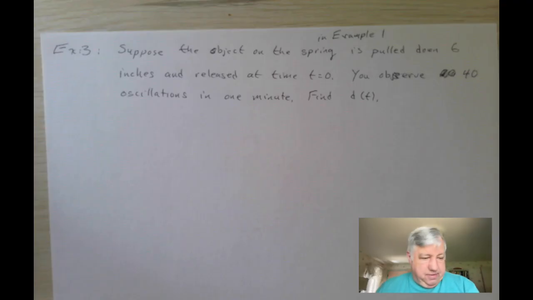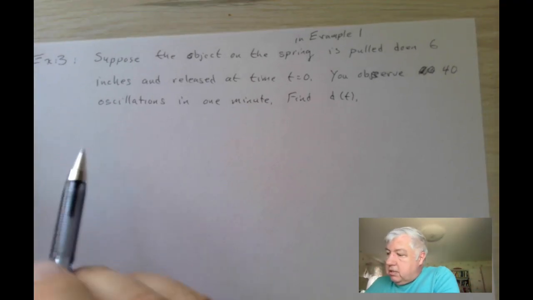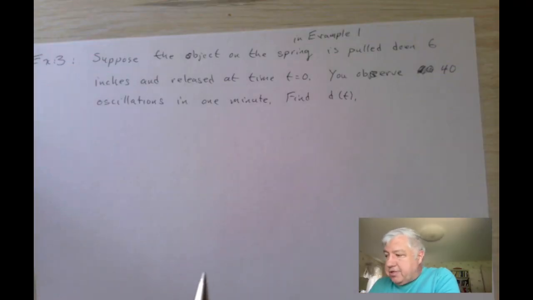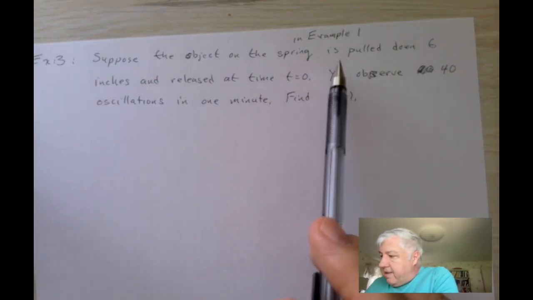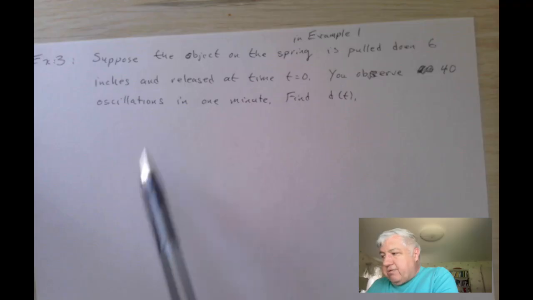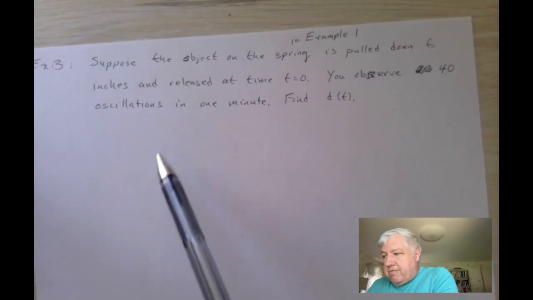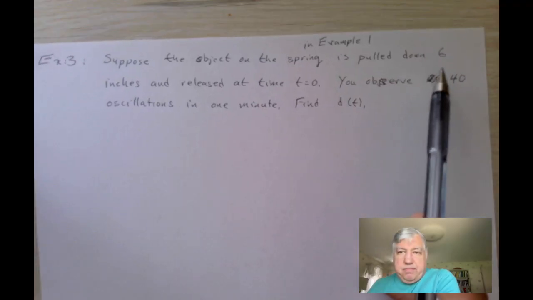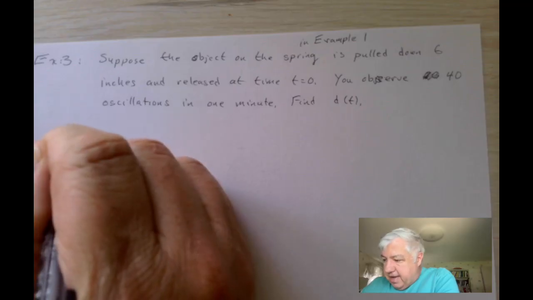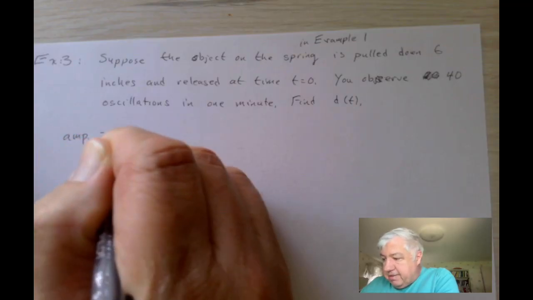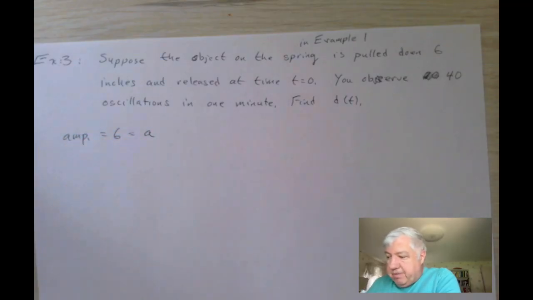Find d of t. So we want to find the equation this time again. We're pulling it down, so the displacement is going to alternate between 6 and -6. So the amplitude is going to be 6, and that's what A will be.